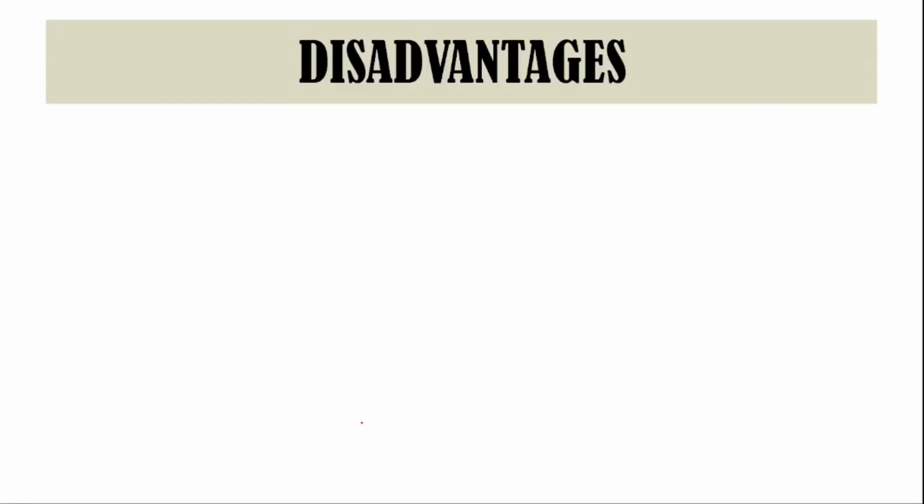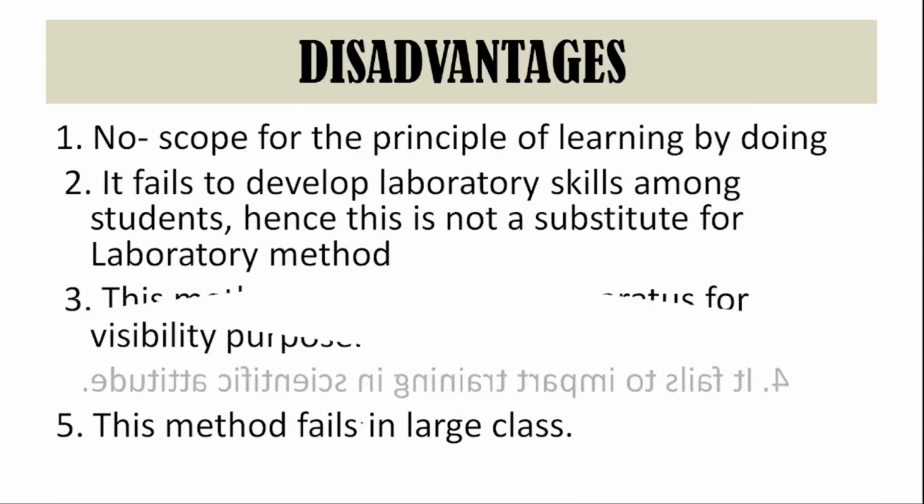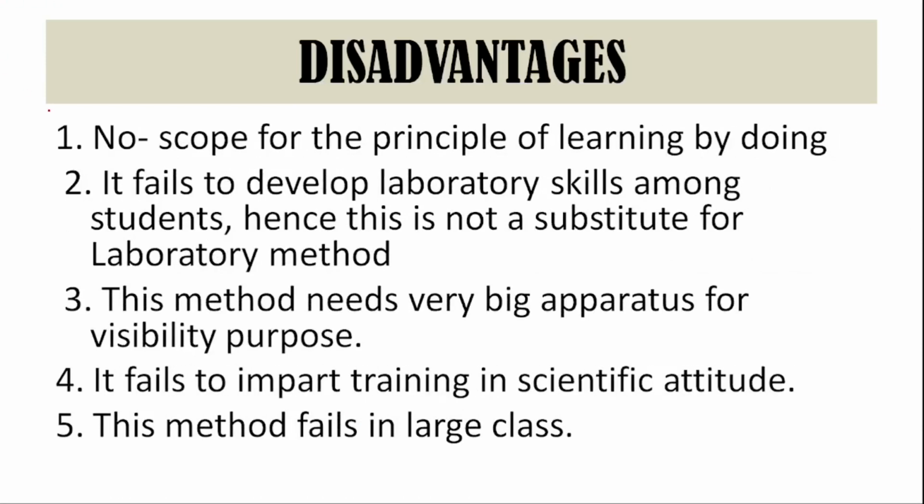And next we have the disadvantages of this method. The first disadvantage is no scope for the principle of learning by doing. There is no scope for this principle, and it fails to develop laboratory skills among the students, and hence this method is not a substitute for the laboratory method.